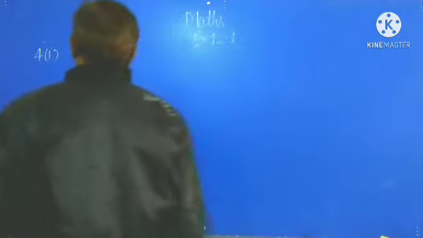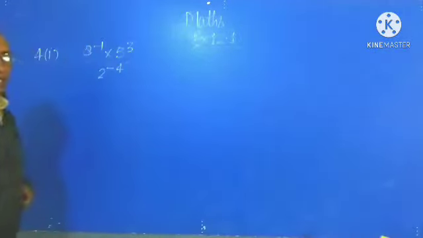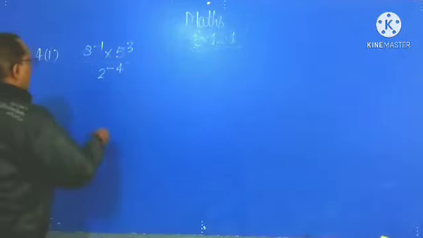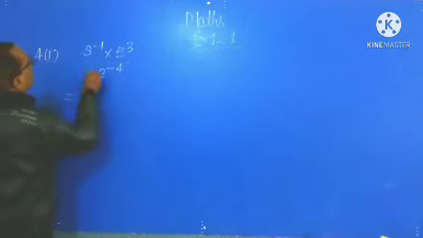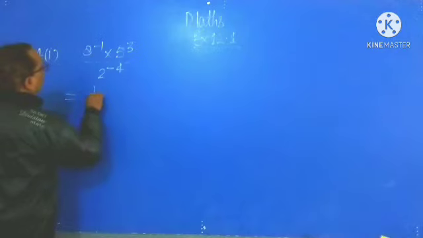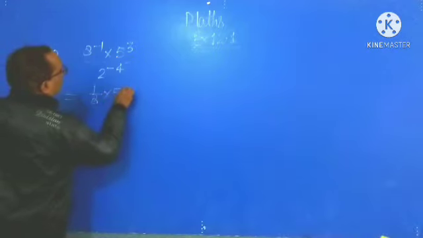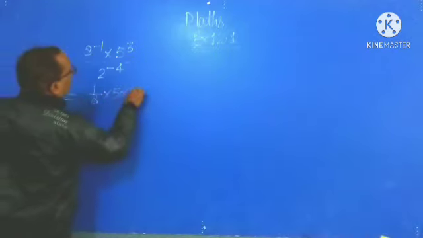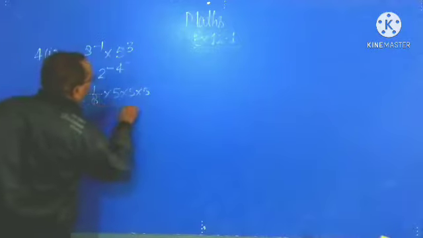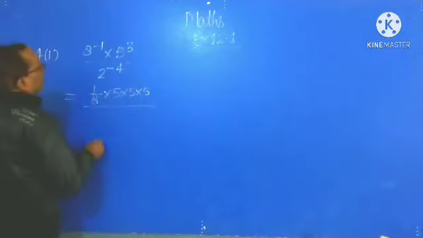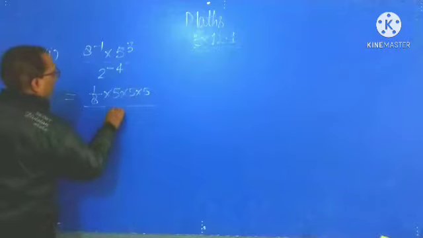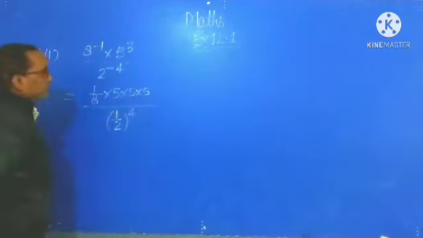In this question, first of all, you convert negative exponents into positive exponents. You write down 8 inverse, that is 1 upon 8, 5 to power 3, means 5 into 5 into 5, upon 2 raised to power minus 4, that is written as 1 upon 2 raised to power 4.